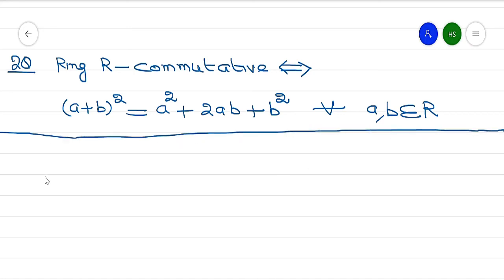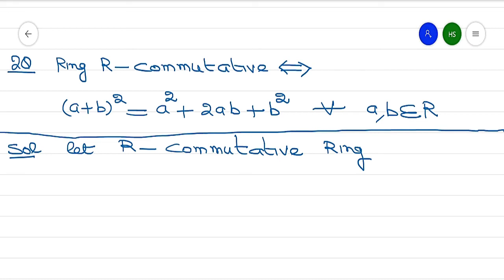Now, first part, let R be commutative. So what does it mean? Commutative ring. If it is a commutative ring, then (a plus b) raised to power 2 can be written as (a plus b) into (a plus b).